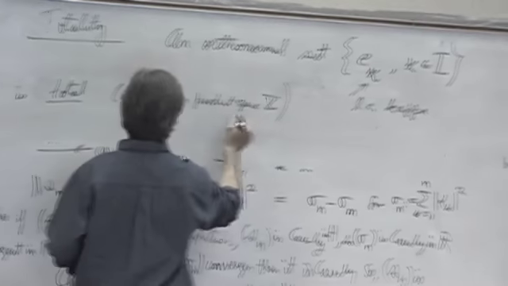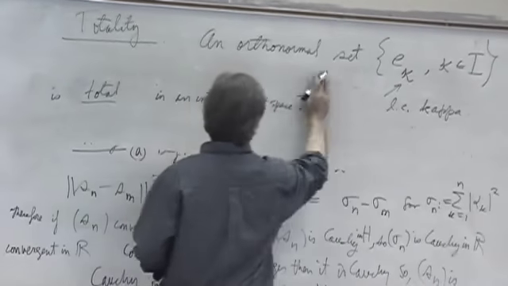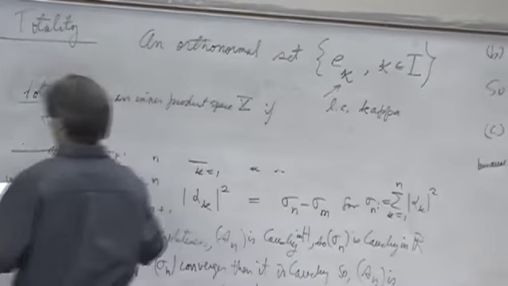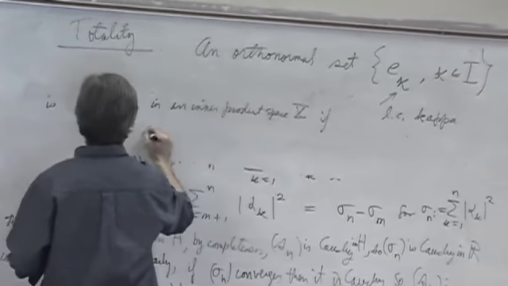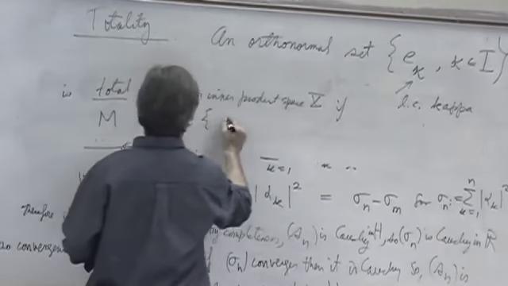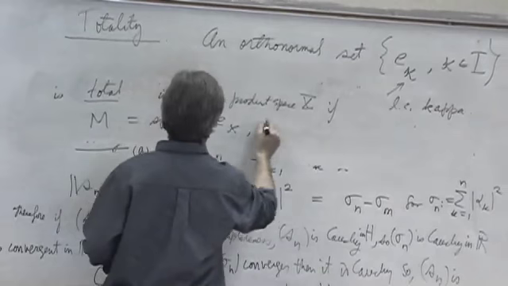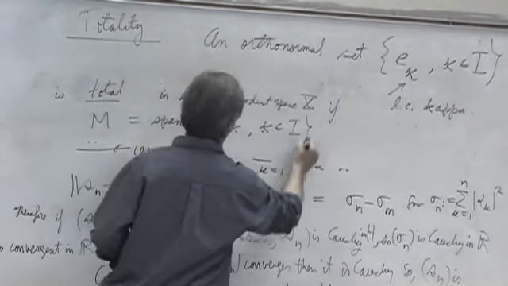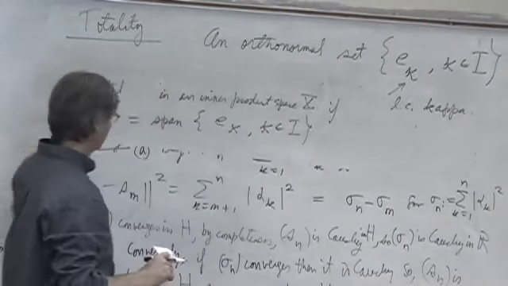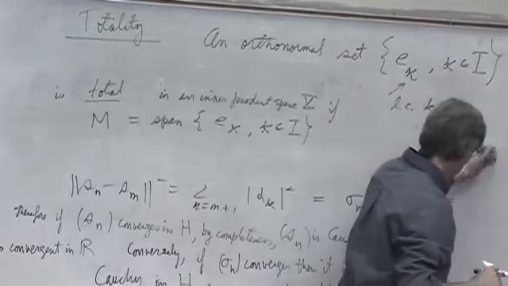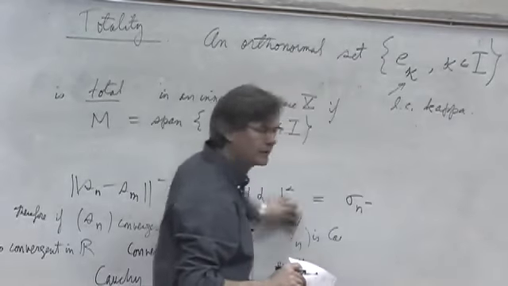X is total if M equals the linear span of this orthonormal set, which means you take all possible finite linear combinations, and that's a vector space, right?